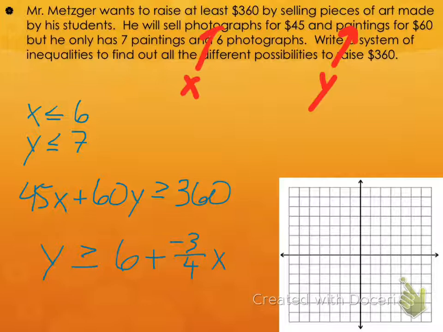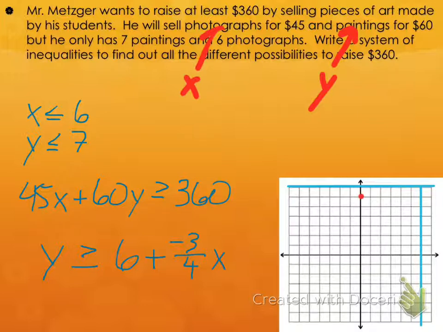So X is less than or equal to 6. There's a vertical line at X equals 6. Y is less than or equal to 7. There's a horizontal line there. And then when I graph this last one, I have a y-intercept of 6.